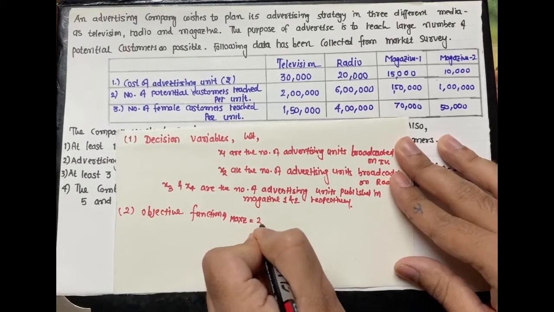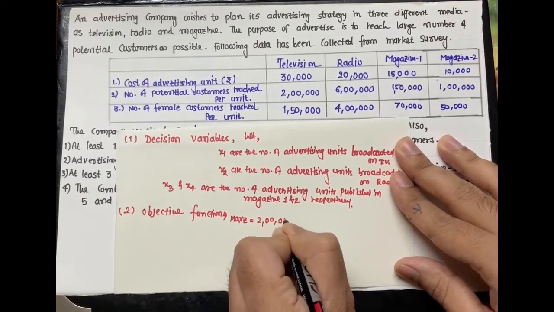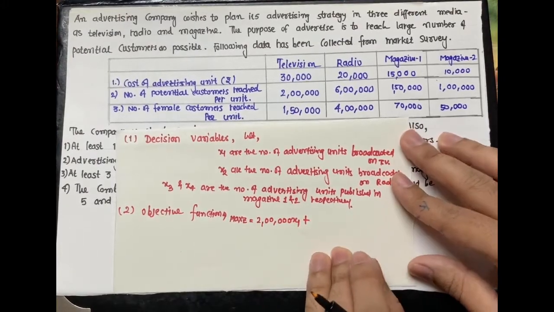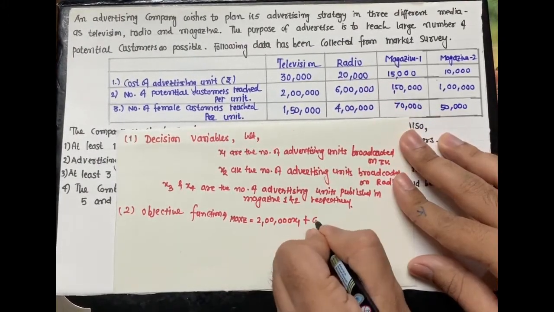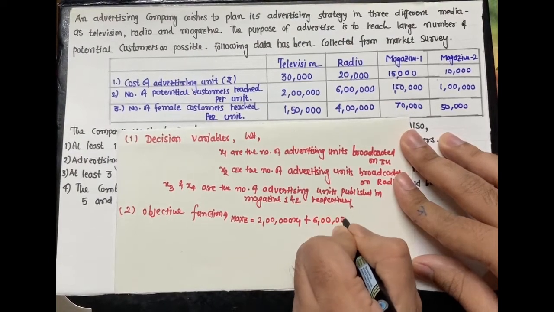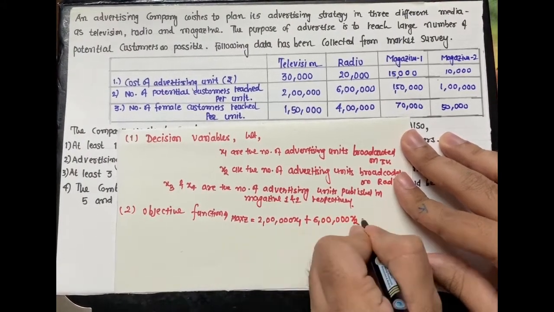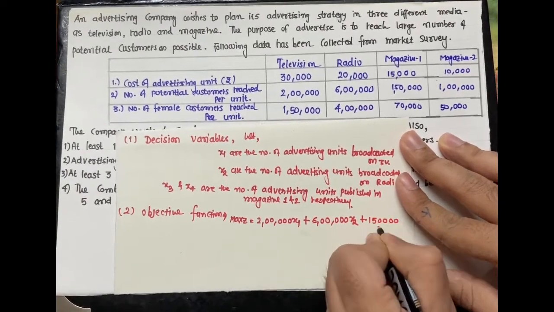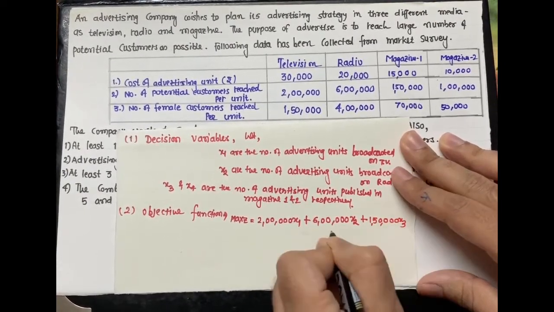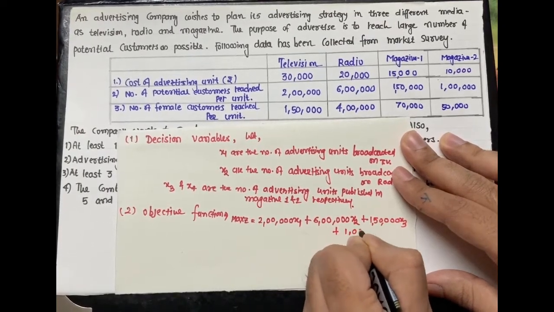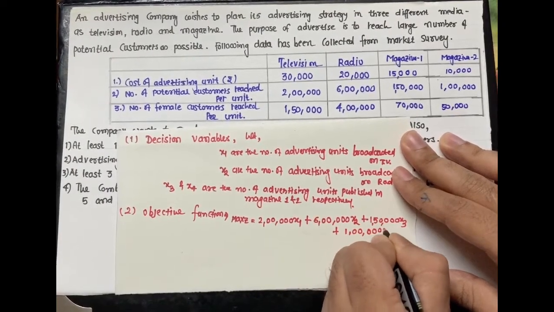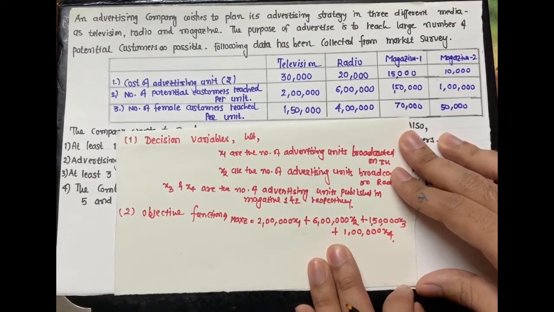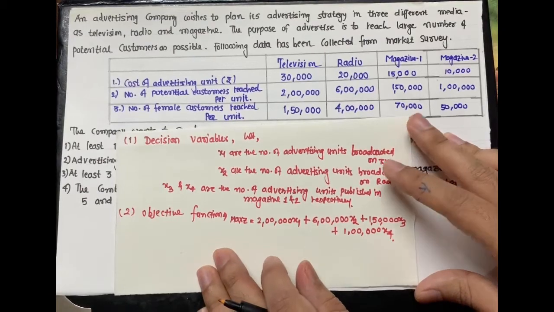So the very first term is 2 lakhs times x1 plus, likewise for radio it is 6 lakhs x2, plus 1,50,000 x3 plus 1 lakh x4.